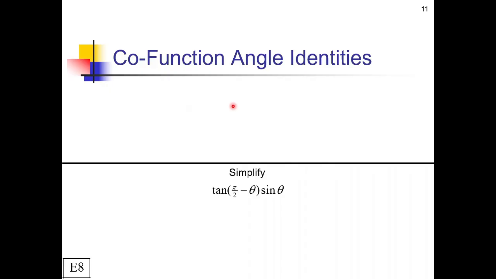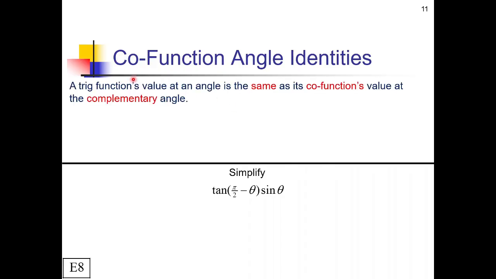What do you think the co in all those functions stands for? It actually stands for complementary. So here's the deal. A trig function's value at an angle, it turns out, is the same as its cofunction's value at the complementary angle. Now this probably doesn't make a whole lot of sense the way I've written it, so here's a concrete example.